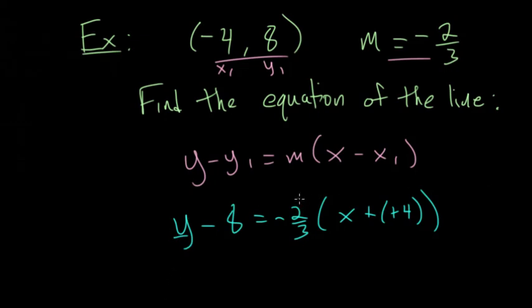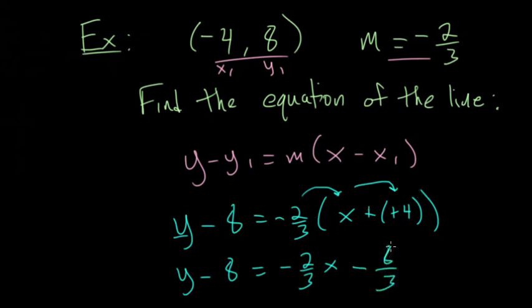So to do that, I'm going to have to distribute this fraction to each of these. So we get y minus 8 is minus 2/3 x, and then we have 4 times minus 2/3. That would be minus 8 over 3. Remember, we're essentially multiplying fractions. You can put it 4 over 1, minus 2 times 4 is minus 8, 3 times 1 is 3.